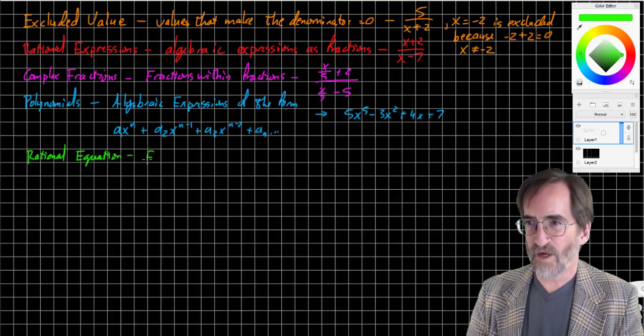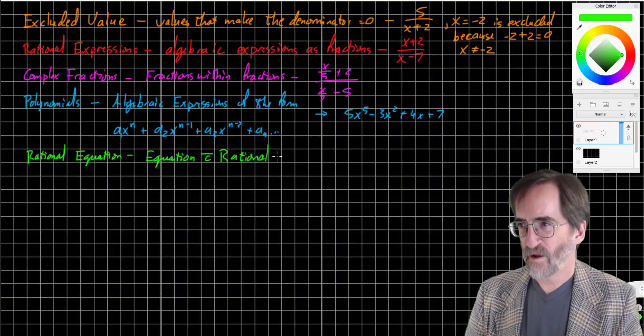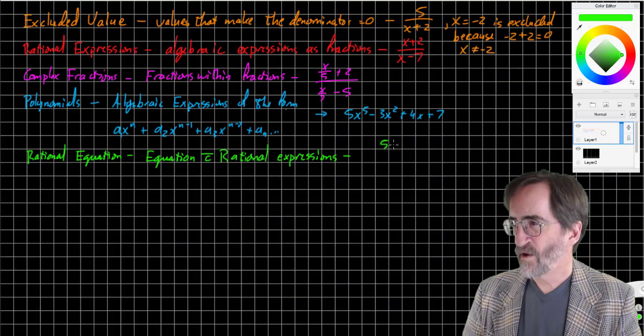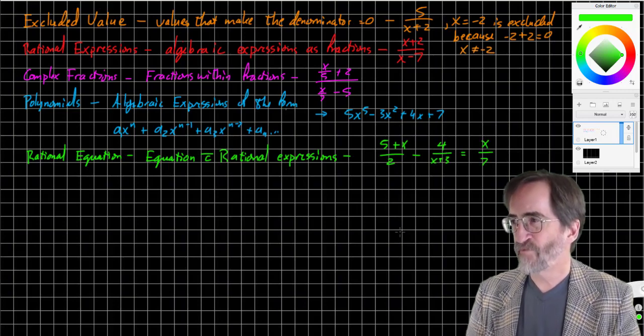It's an equation with rational expressions. For example, 5 plus x over 2 minus 5 or 4 over x plus 3 equals x divided by 7.